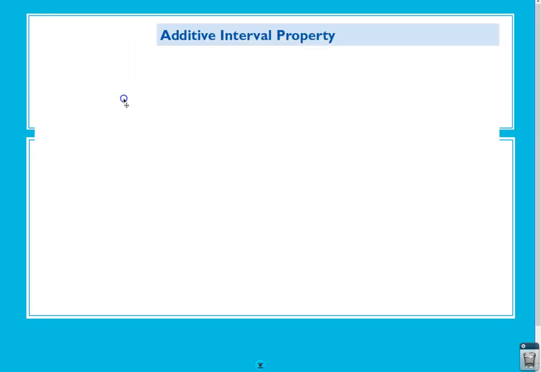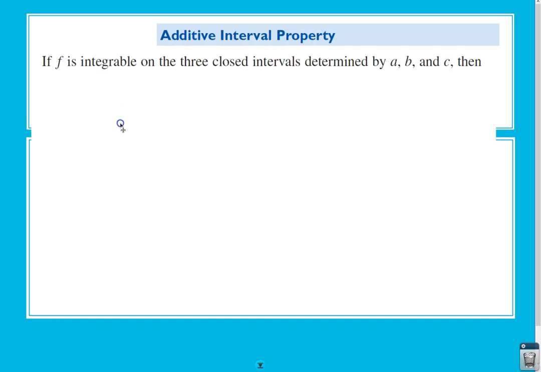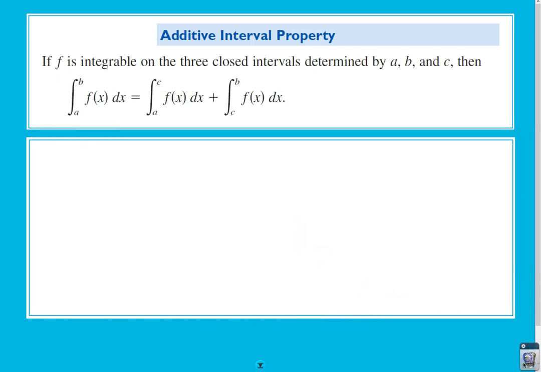Moving along. We have more properties. Ah, yes. The additive interval property. If f is integrable on the 3 closed intervals determined by a, b, and c, then the integral from a to b of f of x is equal to the integral from a to c of f of x plus the integral from c to b of f of x.